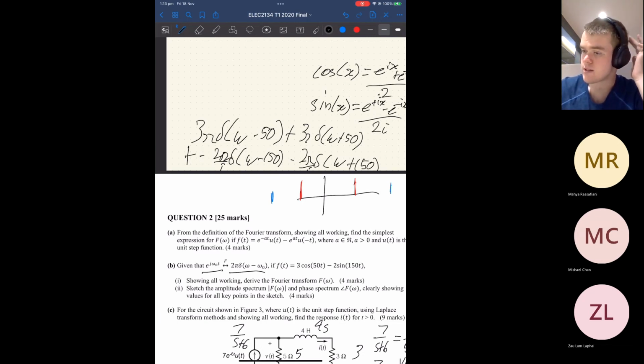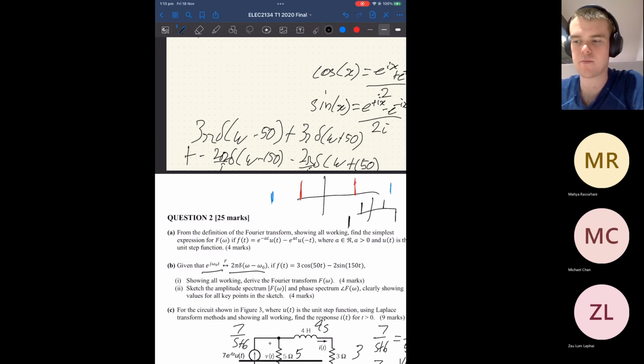Just be careful of the phases, because they will be the same, the phases, but these ones here will be different. Pretty sure it should look like that for the phases. I'm not 100% sure. These might alternate, but that's the general idea.